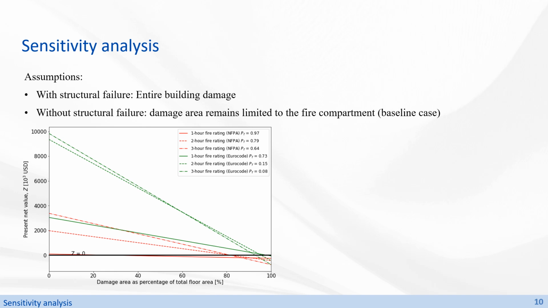From the figure, we can see that the present values are plotted as a function of the damage area, which can be expressed as the percentage of the total floor area when the failure doesn't exist. The beneficial impact is the largest when the damage area is the smallest in the absence of failure.